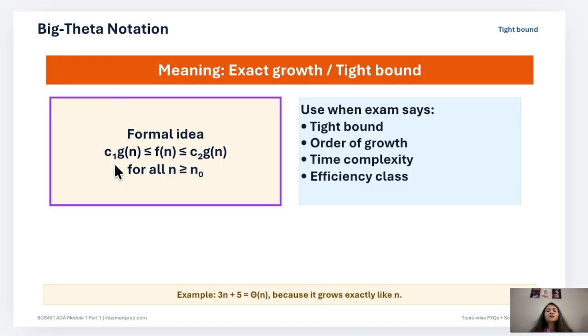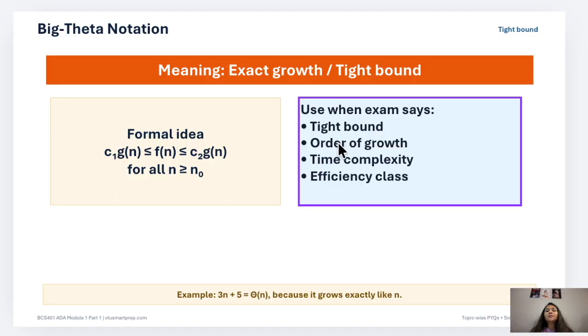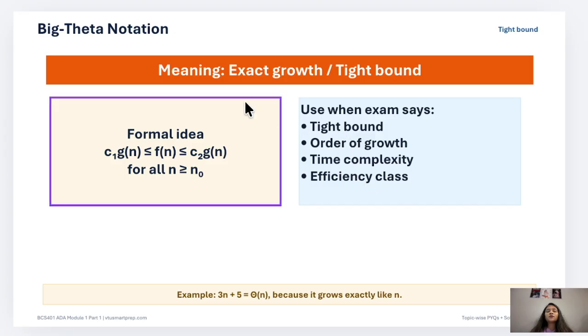Here you can see c1 of g of n is less than or equal to f of n, which is less than or equal to c2 of g of n for all n greater than or equal to n naught. So when in a question you see tight bound, order of growth, time complexity, or efficiency class, these keywords you have to use for the big theta notation.